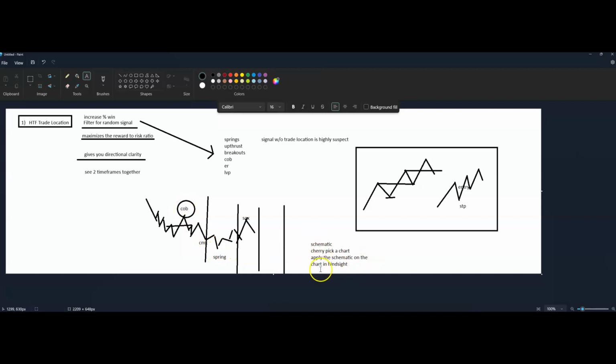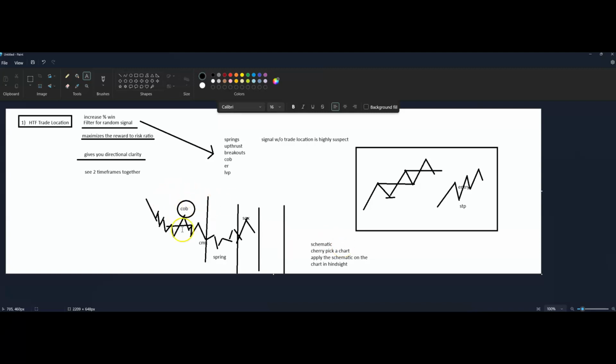My point here is all of those hindsight behaviors and labeling are missing trade location. The schematic is missing trade location because it only takes one time frame in context. You see? It's missing trade location and only focusing on behaviors.